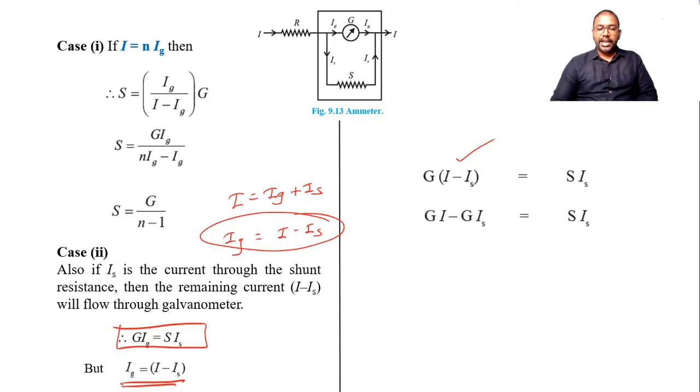So G multiplied by I and G multiplied by IS, we get this term.